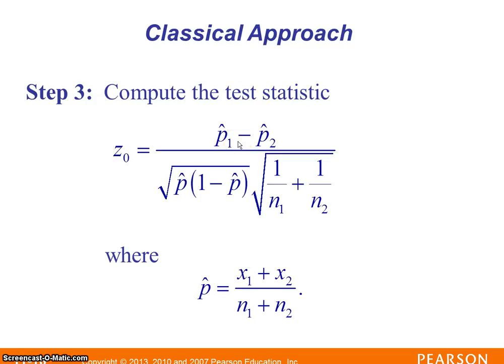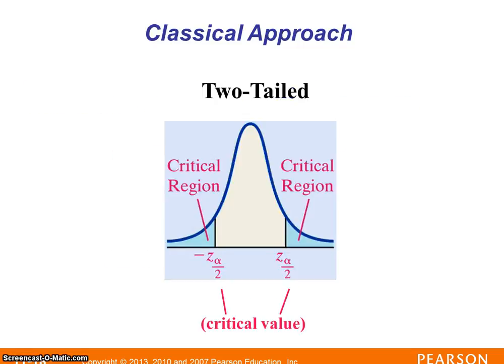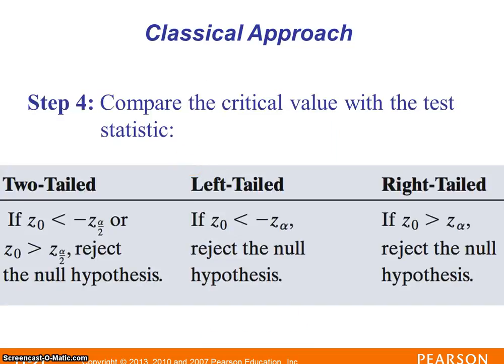And then you can either use the classical or the p-value approach. With the classical approach, you would compare this computed number to the z alpha level. You would either look up in a table or compute using StatCrunch. And if the test statistic falls within the critical region, you would reject the null hypothesis.